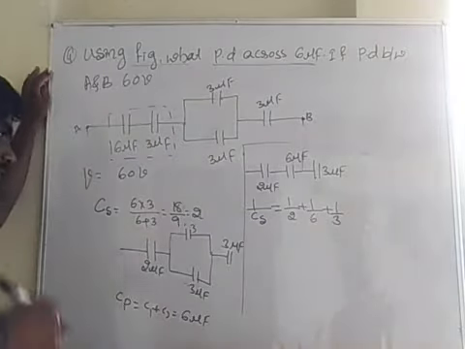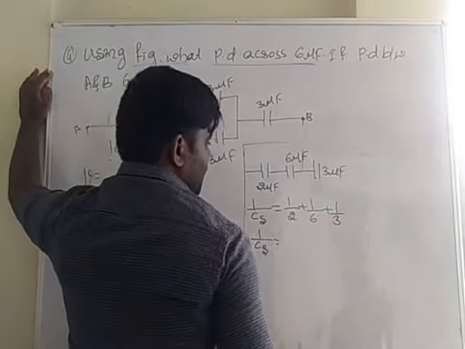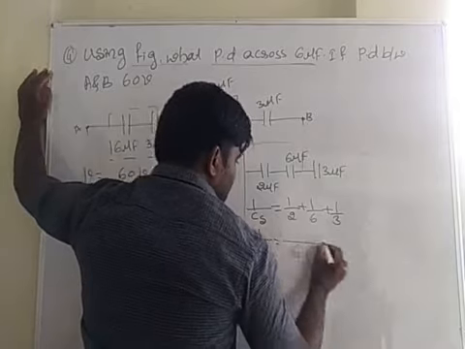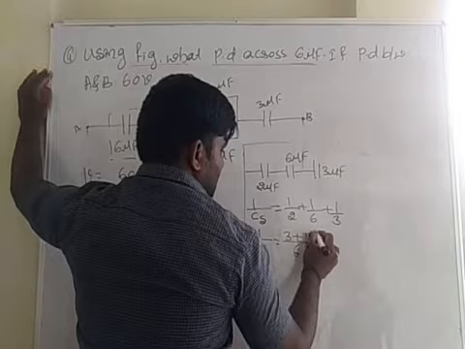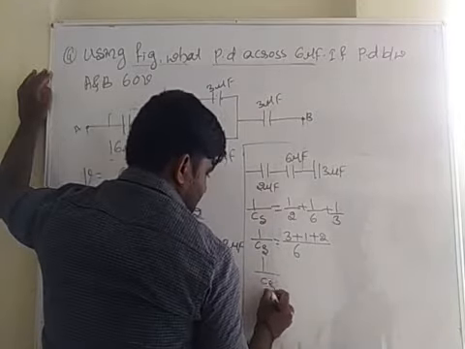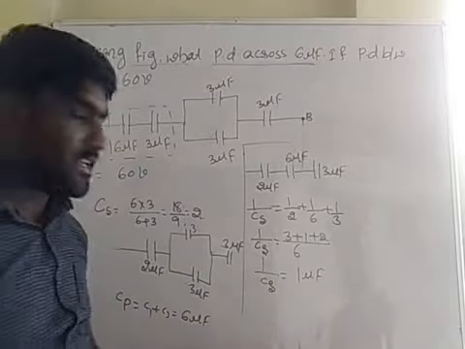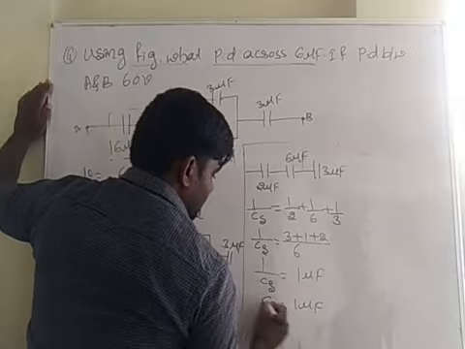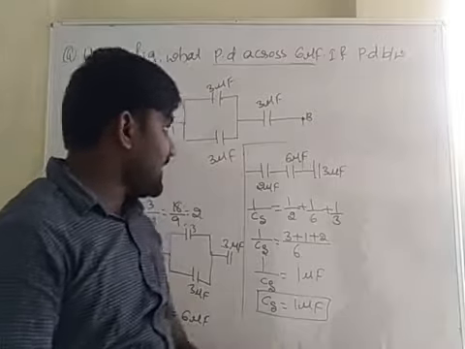Taking the LCM, which is 6, we get 3 plus 1 plus 2 over 6. So 1 divided by CS is 1 per microfarad, and CS is equal to 1 microfarad.